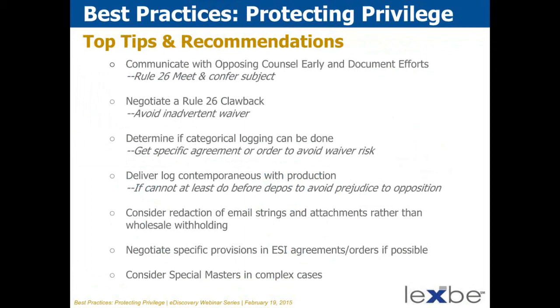A Rule 26 clawback, which is allowed by federal law, and many states will have another version, is helpful in avoiding inadvertent waiver. Categorical logging can be very helpful, and generally you'll need to get an agreement or order to feel comfortable doing that.